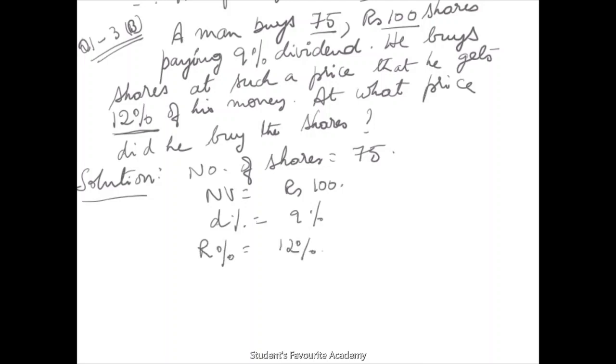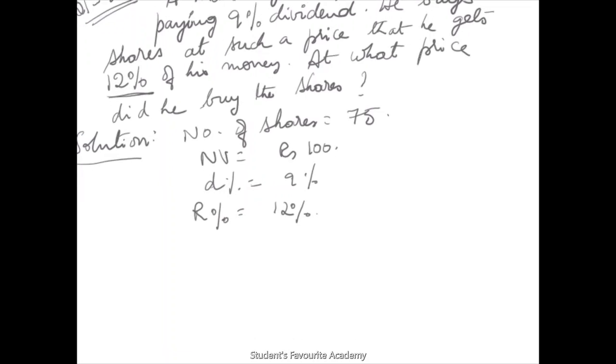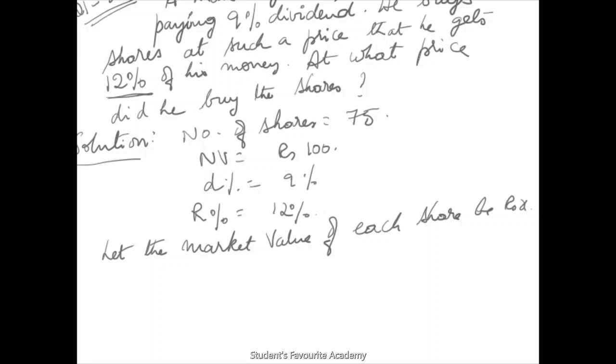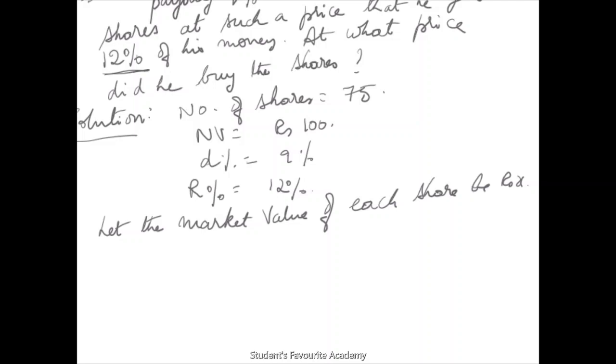This is the data given to us. We have to find the market value. Okay, so let the market value of each share be rupees X. So that means market value of each share, we are assuming it as X. So ultimately we have to find X, right?